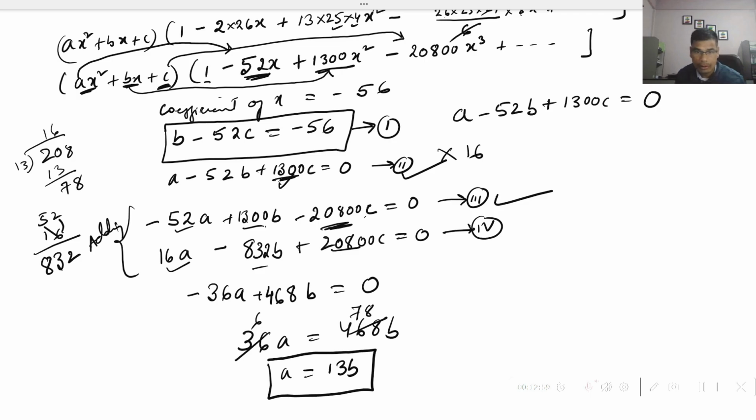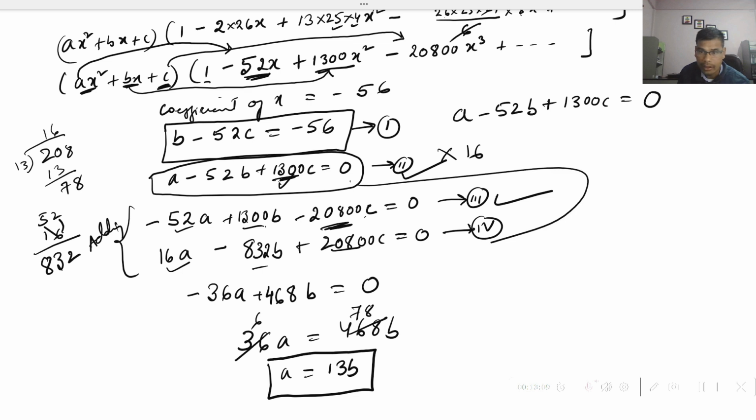So now let me take this equation number 2 and substitute. Make use of this here. So a is equal to 13b. So that is 13b minus 52b plus 1300c equal to 0.